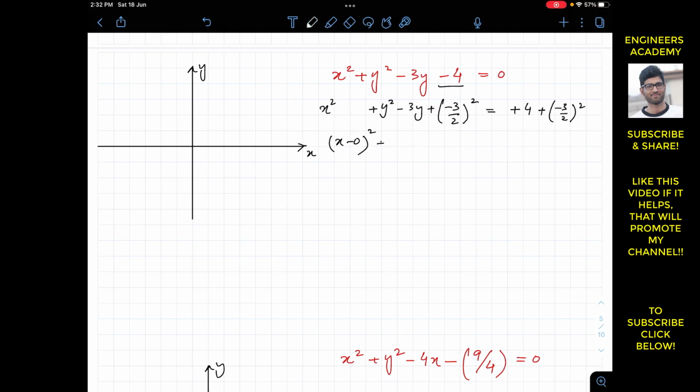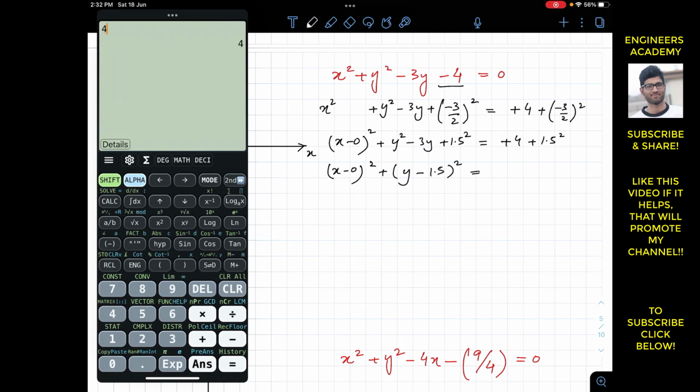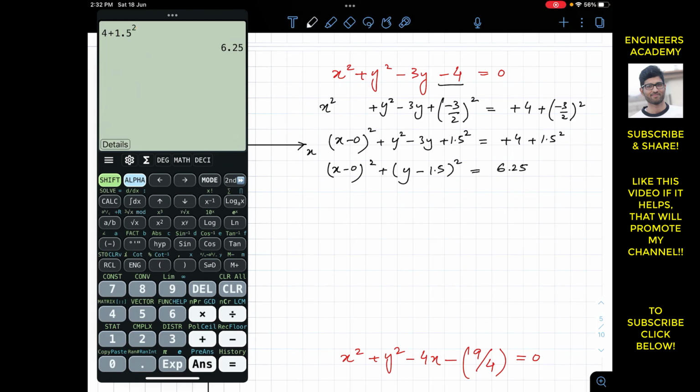So we can write that this will be y² − 3y + 1.5², and this will be plus 4 plus 1.5² on the right, and we can write this as (x − 0)² + (y − 1.5)², and this 4 + 1.5² will give us 6.25.